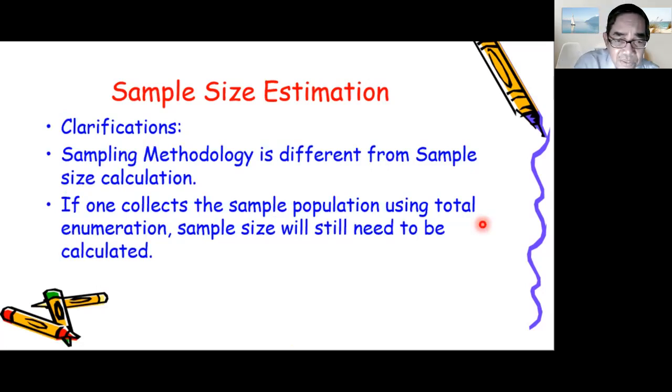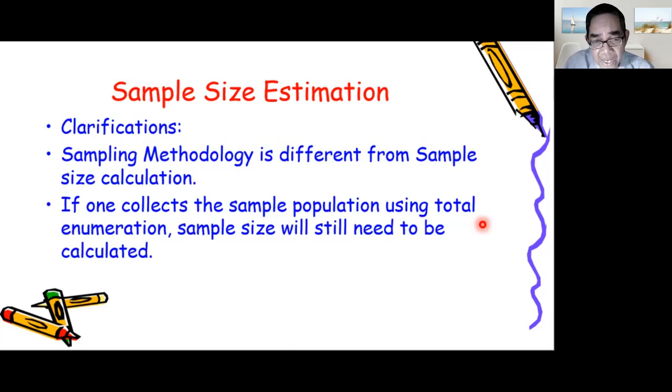Now, just to go back to that concept of people saying that sample size is not needed for total enumeration because you are not talking of a sample, that is incorrect. Because really, that will still be a sample.